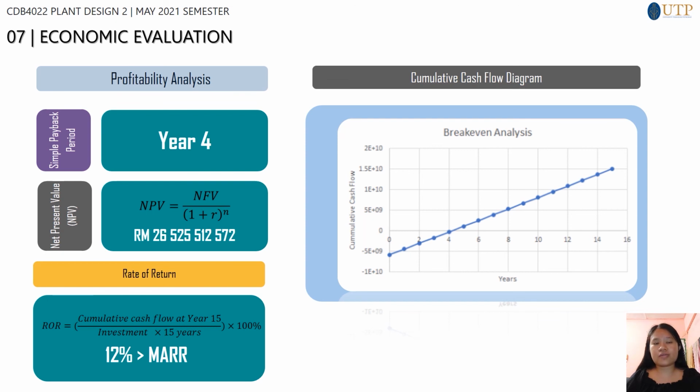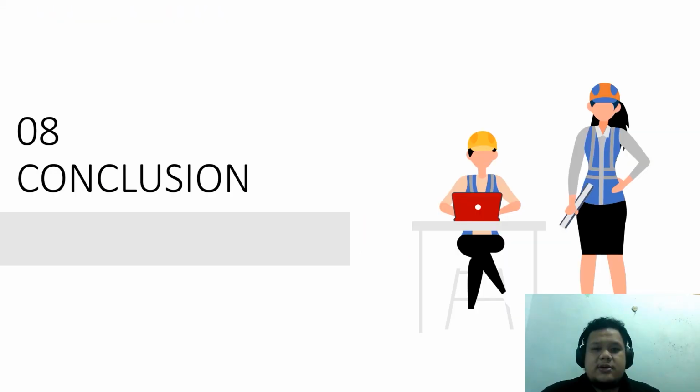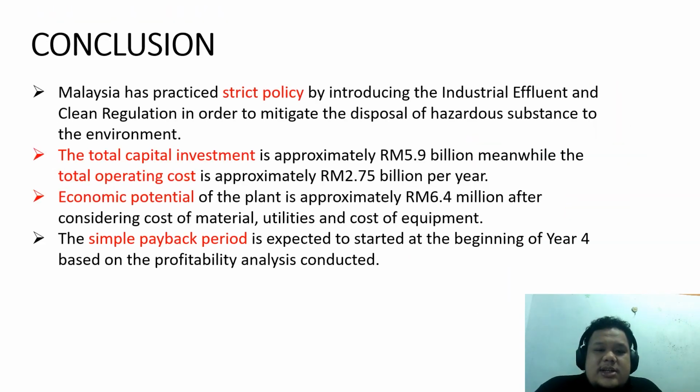And finally, as the rate of return percentage is more than the assumed MARR, this confirms that the project is profitable and economically feasible. As a conclusion, Malaysia has practiced strict policy by introducing the industrial effluent and clean air regulations in order to mitigate any hazardous substances from being freely disposed to the environment. The total capital investment is approximately 5.9 billion ringgit.